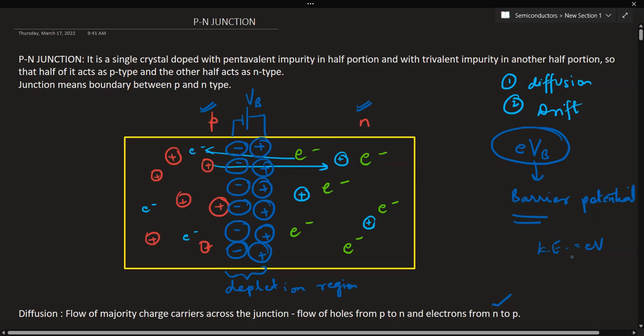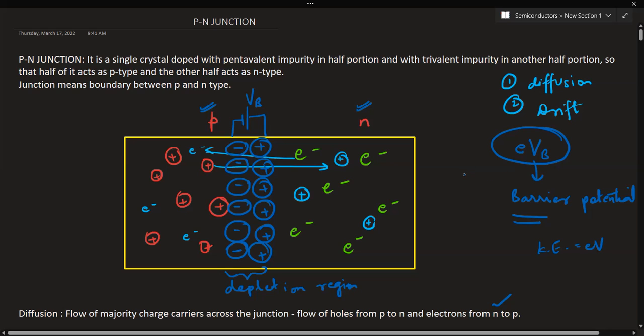From your modern physics, you have already studied that kinetic energy is E multiplied by V. So if the electronic charge is multiplied by the barrier potential, this gives the energy, and only a hole or electron with at least this much energy will be able to perform further diffusion. Since this stops most of the diffusion process, we call this potential difference the barrier potential.